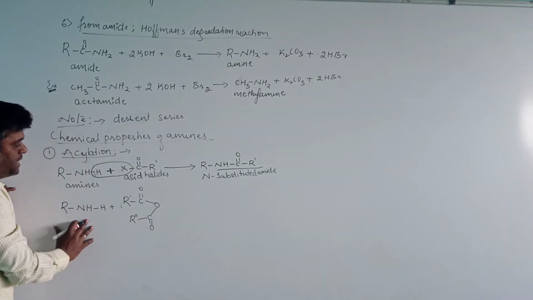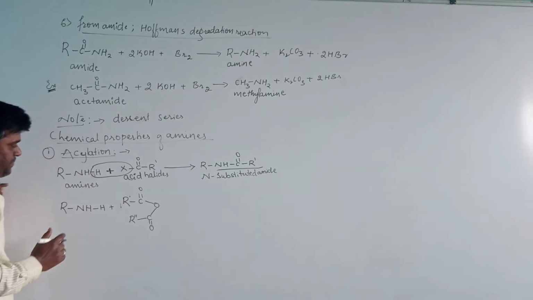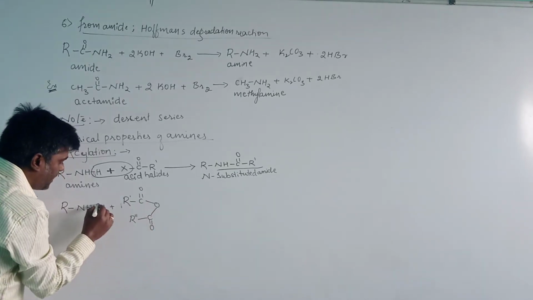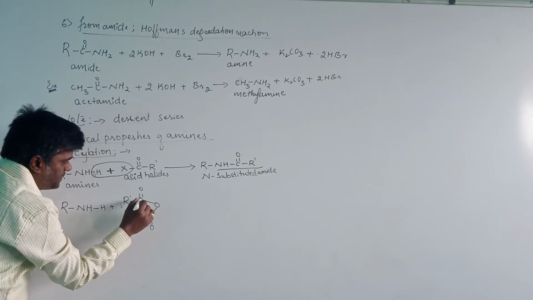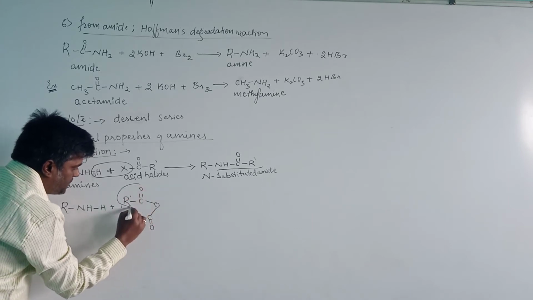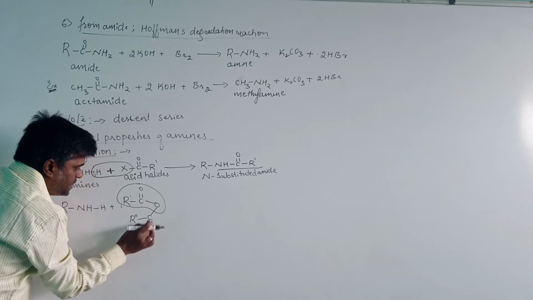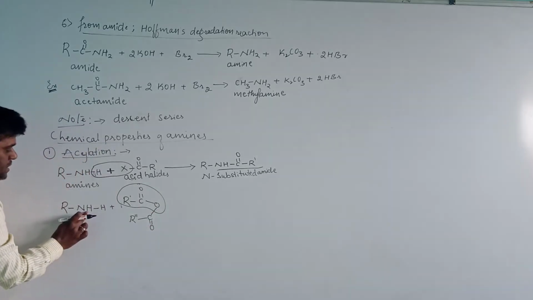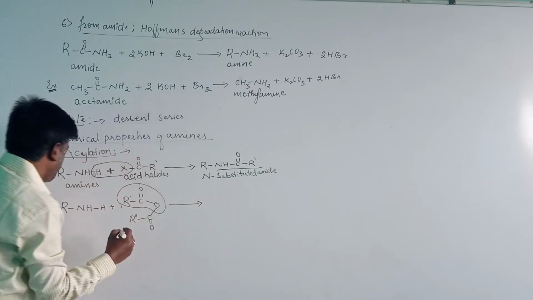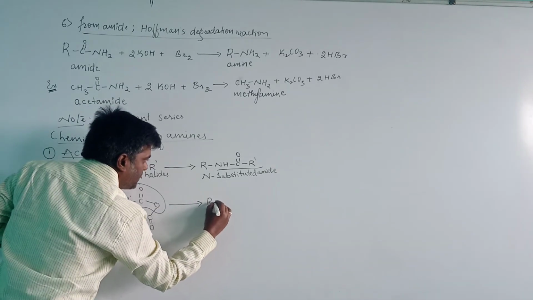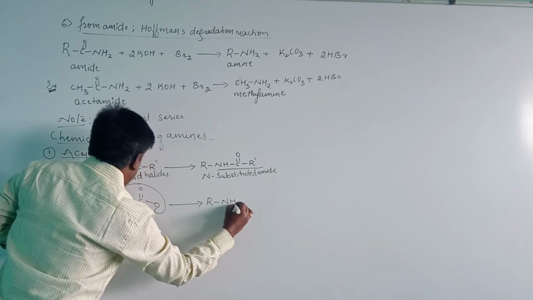When amines react with the anhydrides, the hydrogen will combine with this part, and the other part will attach to the nitrogen directly, and it will produce the compound R NH here.